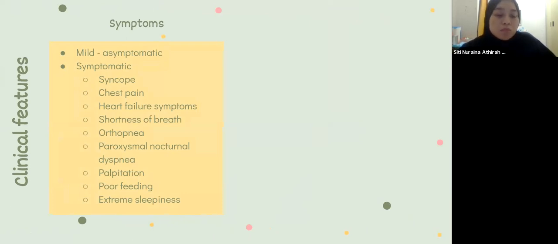So what symptoms can the patient have? First is syncope, and then the patient can also have chest pain due to associated ACS. The patient will also have heart failure symptoms such as shortness of breath, orthopnea, paroxysmal nocturnal dyspnea, and the patient might have palpitation, poor feeding, and extreme sleepiness due to lack of oxygenation.